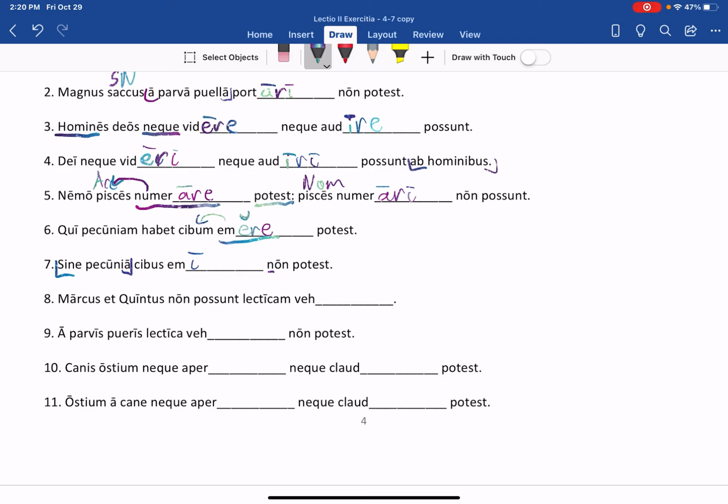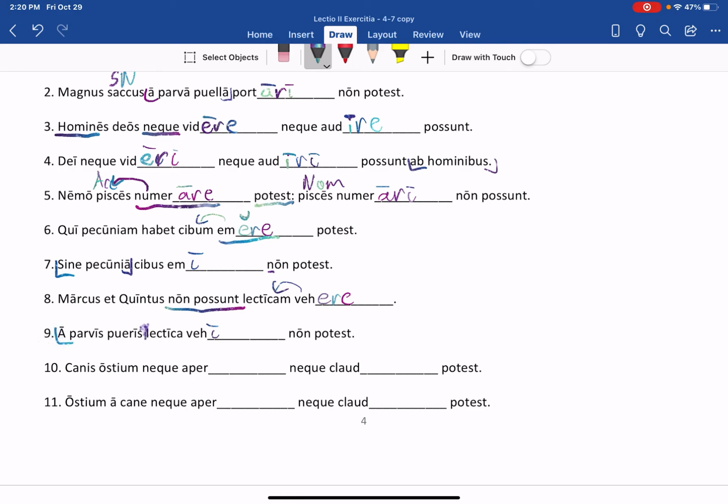Number 8, Marcus et Quintus non possunt lecticam vehere. Marcus and Quintus non possunt, are not able to carry the lecticam. A parvis pueris lectica vehi non potest.